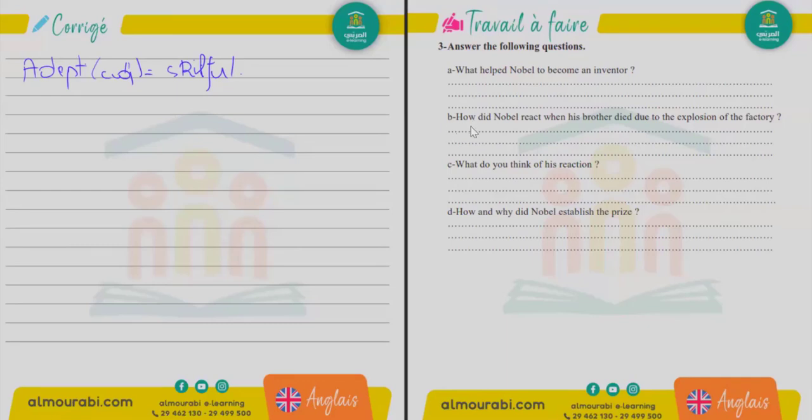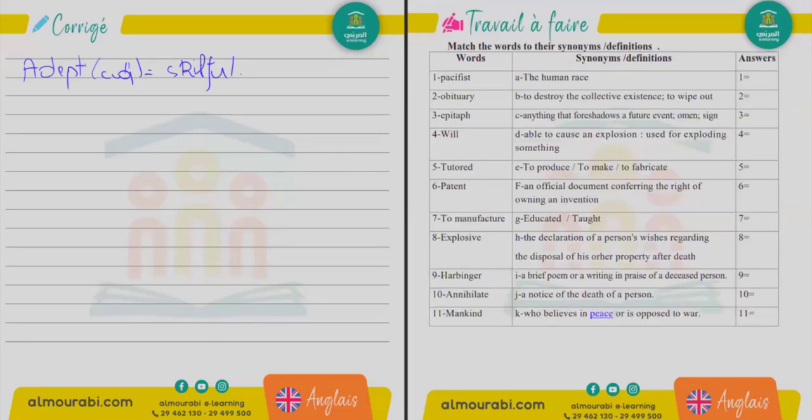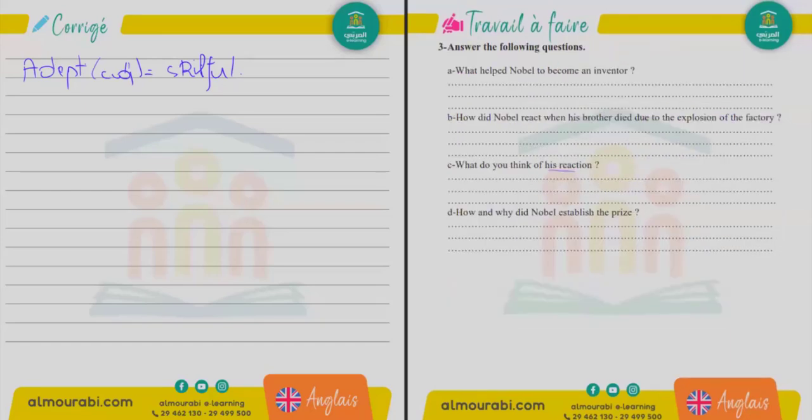Then next question, how did Nobel react when his brother died due to the explosion of the factory? How did he react? And what do you think of that reaction? And then how and why did Nobel establish the Nobel Prize? This is the last question.